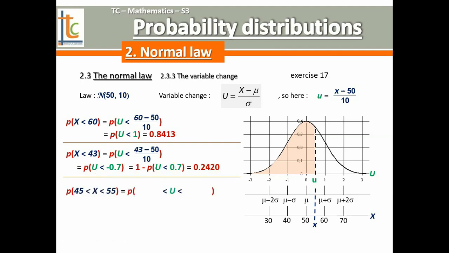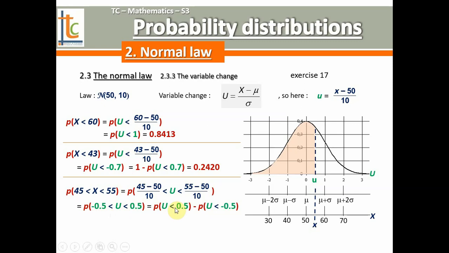Let's calculate the probability that X is between 45 and 55 in this law. We can translate two values of x into two values of u. There is no problem about that. Just calculate twice with this formula. So (45 minus 50) over 10 and (55 minus 50) over 10. The results are negative 0.5 and 0.5. So we can now cut this formula that corresponds to an interval of real numbers.